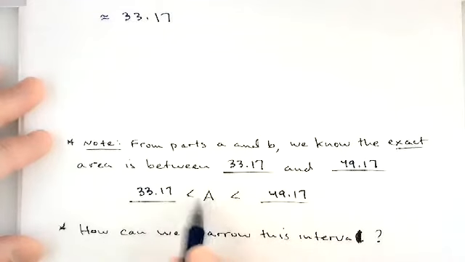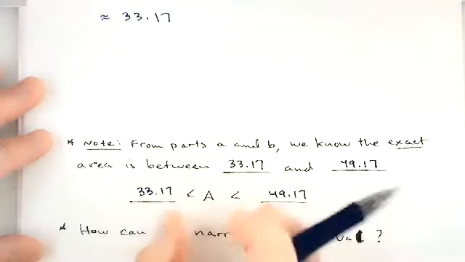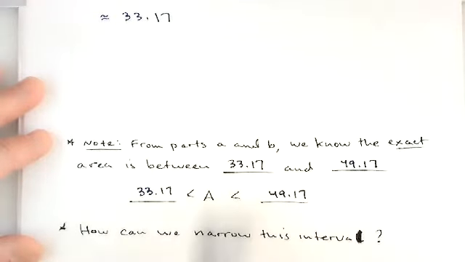If I wanted to be more precise, if I wanted to narrow this range of values, narrow this interval so that I knew the area was within 1 or 2 units from 2 numbers or something, what are my options? What could I do? If I wanted to be more precise with this.